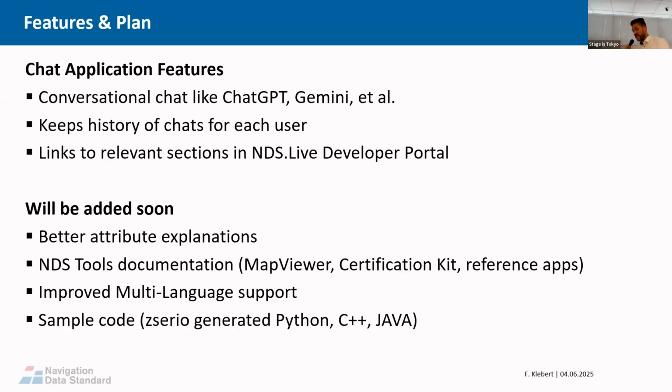And then last but not least, very important, we will also add sample code. So it can actually assist you in writing applications for NDS Live, how to access data, how to maybe manipulate data and things like that. But that is considered to be the last step, because that is the most crucial step in terms of safeguarding the quality.